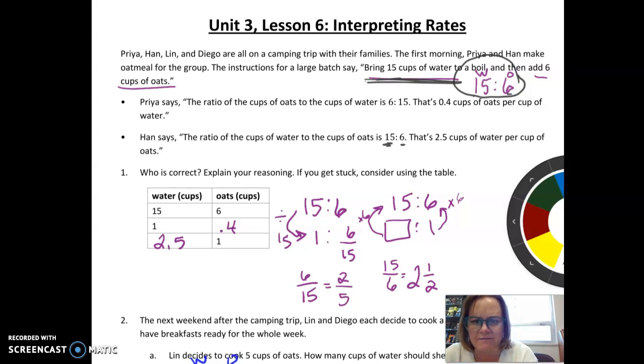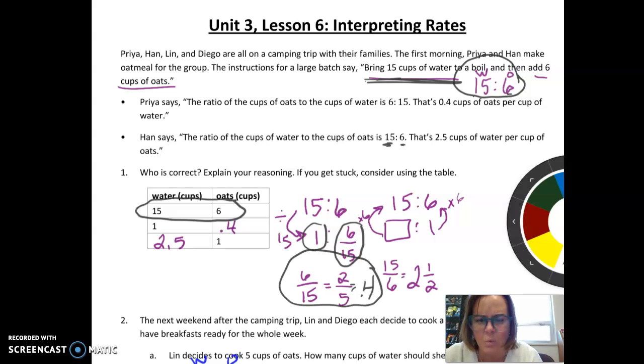And so given our starting ratio of 15 to 6, if we divide 15 by 15, we get 1. So that's 1 cup of water. But then we have to divide the 6 by the 15, which gives us 6/15, which also reduces to 2/5, which is equal to 4/10, 0.4. And so that's correct.